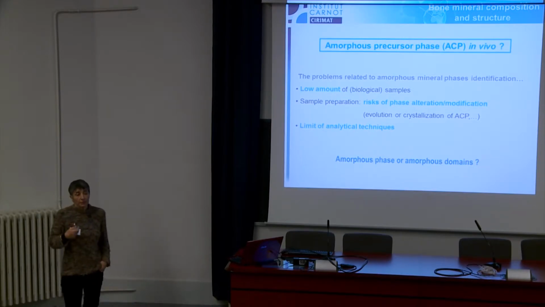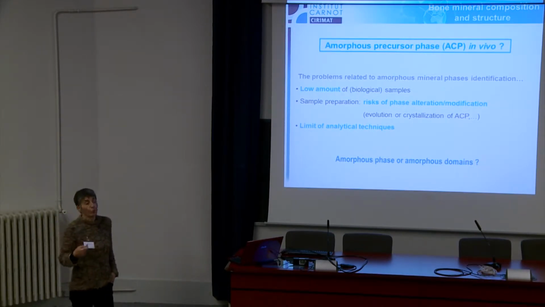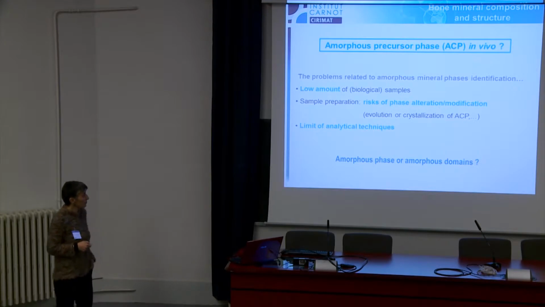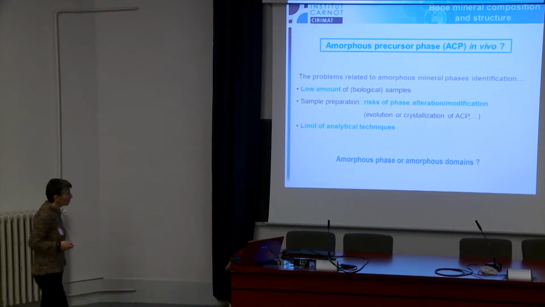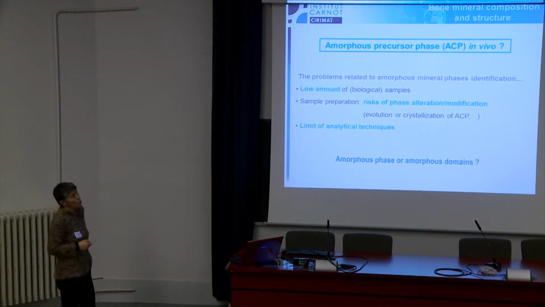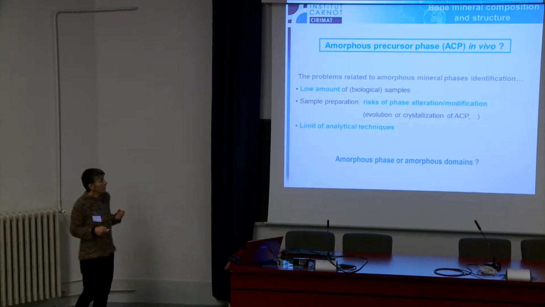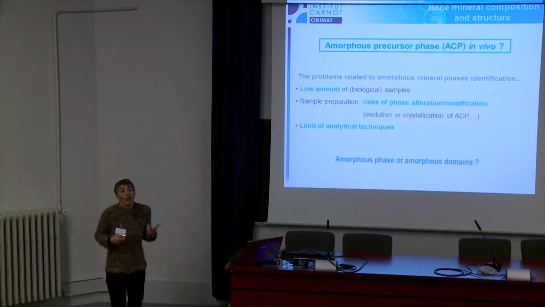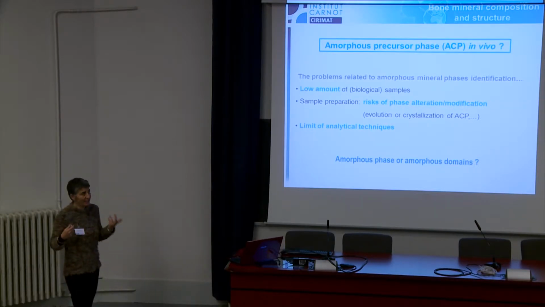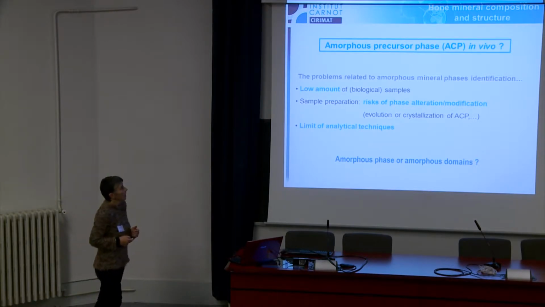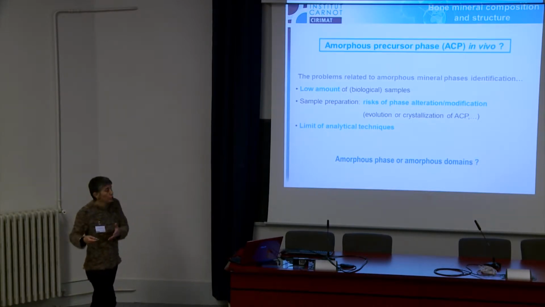The problem of studying and identifying amorphous calcium phosphate is important because we have a low amount of biological samples. Also, there are risks of phase alteration or modification during sample preparation, and so a risk of evolution or crystallization of amorphous calcium phosphate.